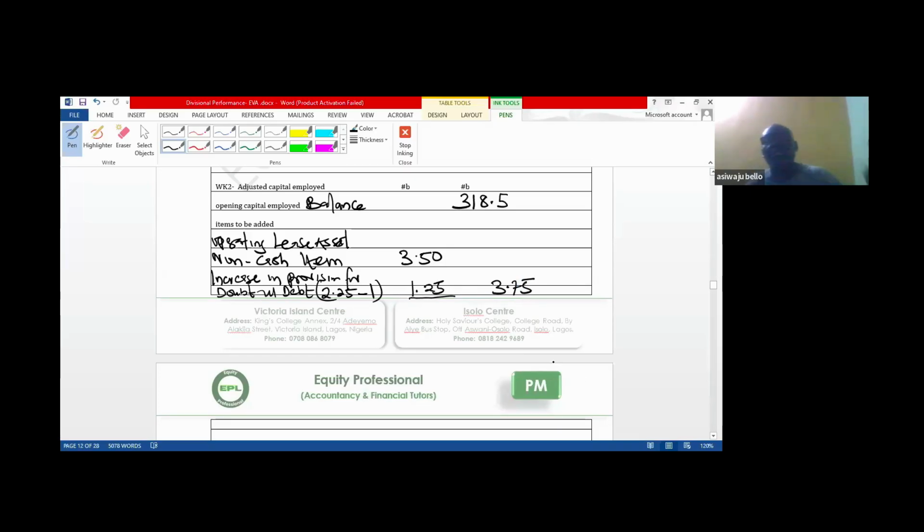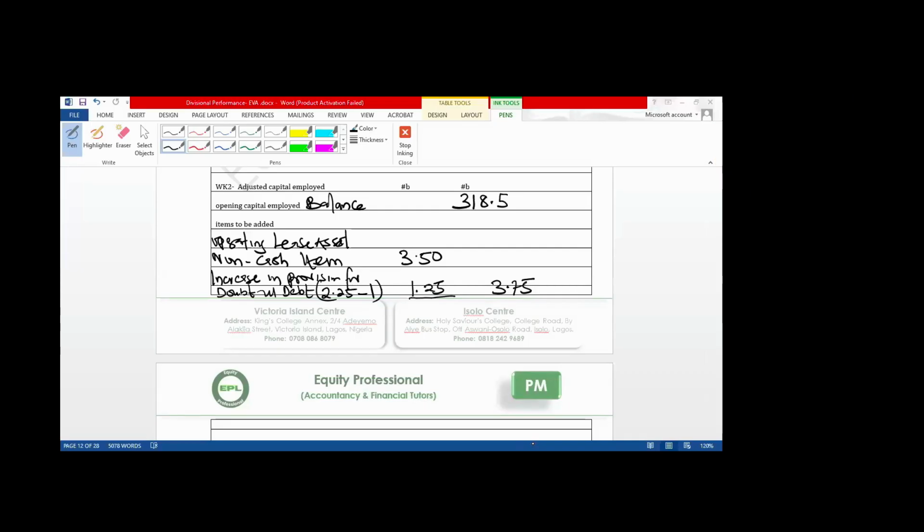In this question, there is no decrease in provision. Please add these two together: 318.5 plus 3.75. 3.50 and 1.25 is not 3.75.